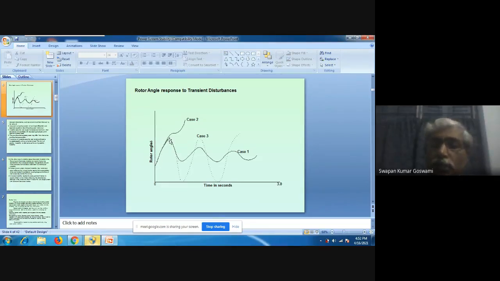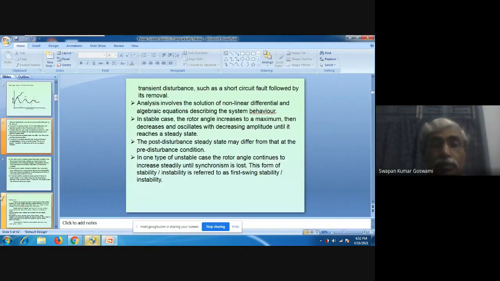So delta will become maximum and then decrease, then smaller oscillations will be there, and finally a new steady state will be arrived at. Okay, so in the stable case, the rotor angle increases to a maximum, then decreases and oscillates with decreasing amplitude until it reaches a steady state. This is one form of indication that the system will become stable.